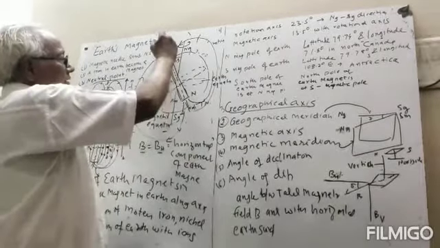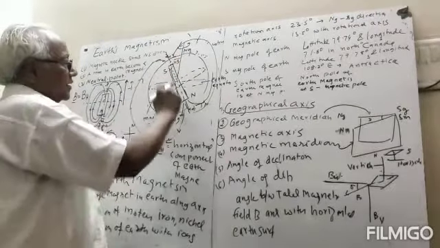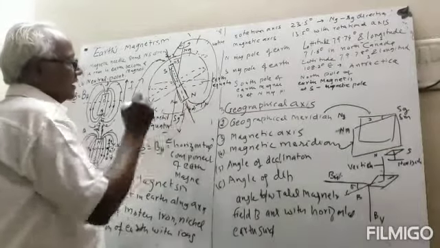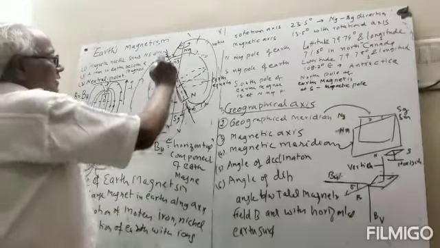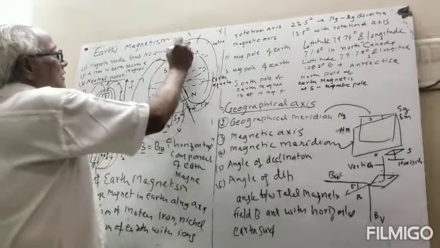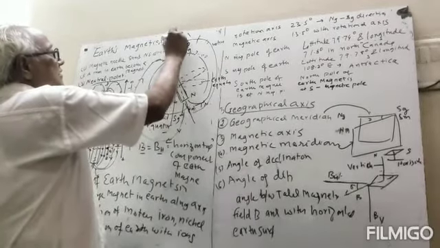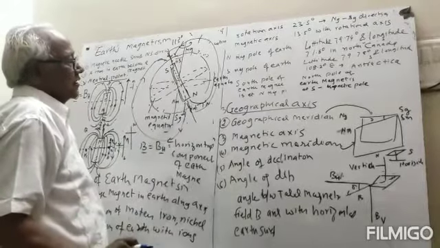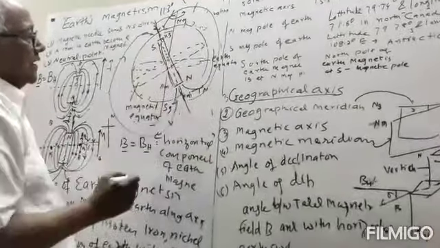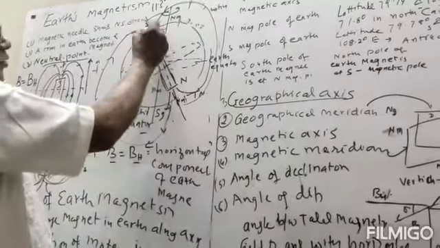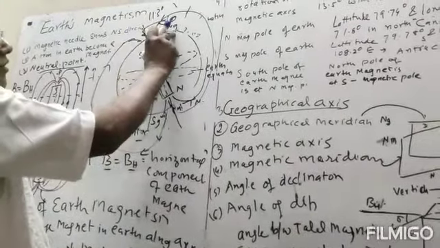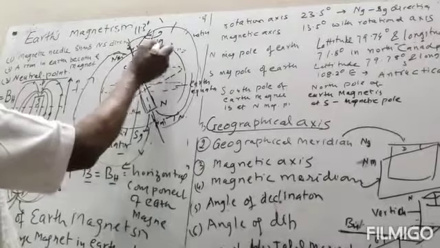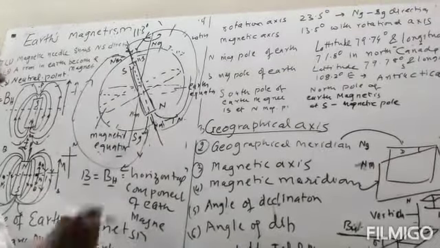Now this is the axis and we draw it, and this axis is known as the magnetic axis. The direction of this magnetic axis is 11.3 degrees to the left side of the rotational axis. This angle is 11.3 degrees, and this point is known as geometrical north, and this is known as the magnetic north because it is near the geometrical north.